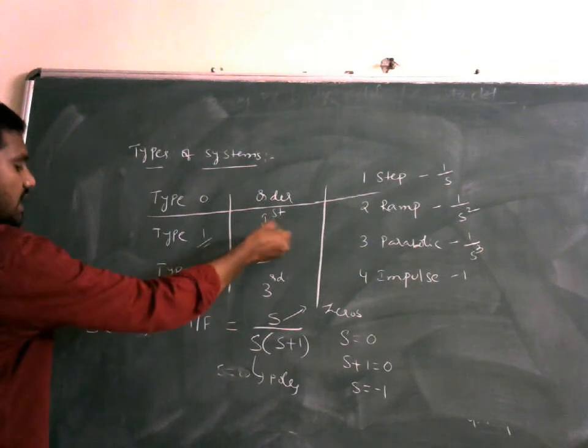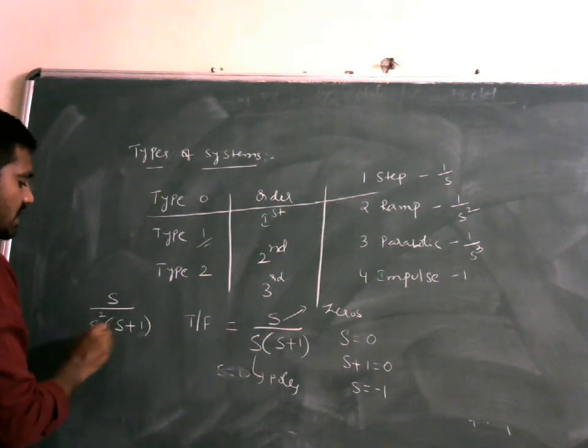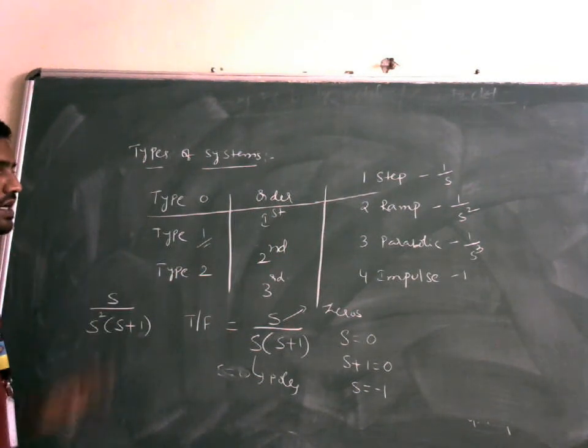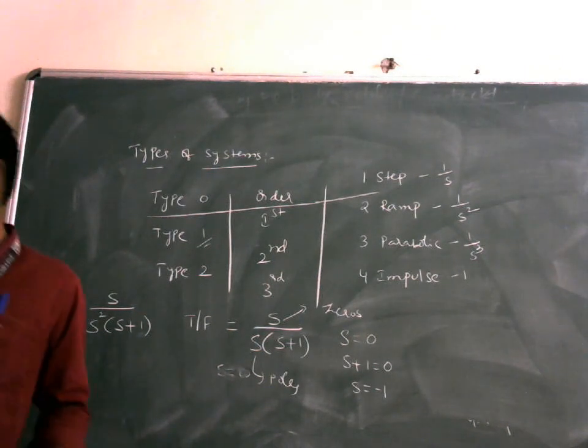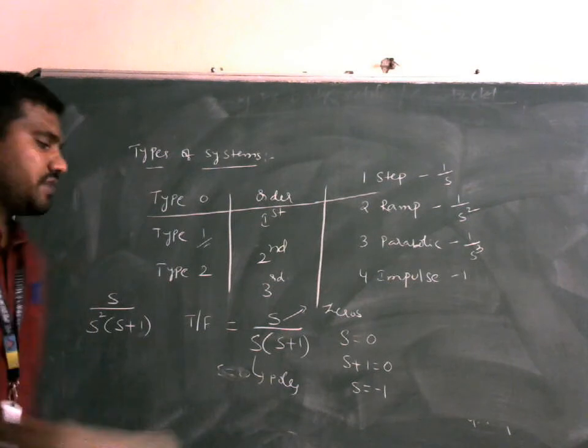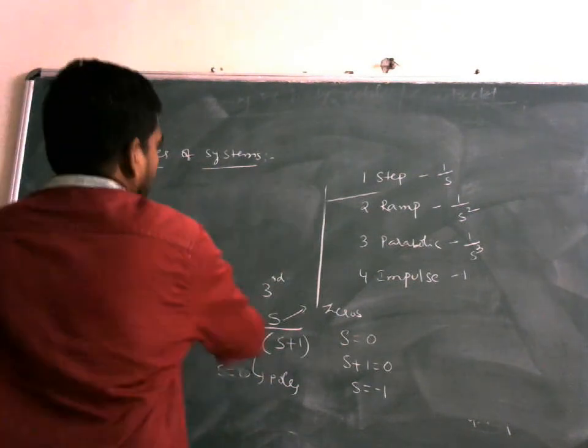Similarly, what is the order in the denominator? s square into s, that is a third order system. Right? Now, how are we going to define the type of the system?